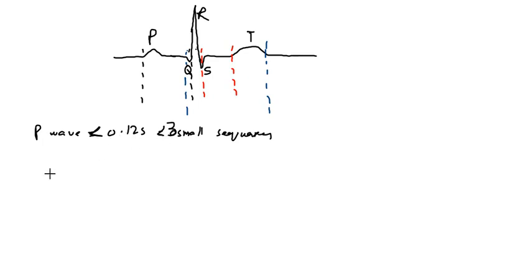Then we have the PR interval. The interval between these two dotted lines is the PR interval, and it is normally somewhere between 0.12 to 0.2 seconds, almost equal to 3 to 5 small squares.